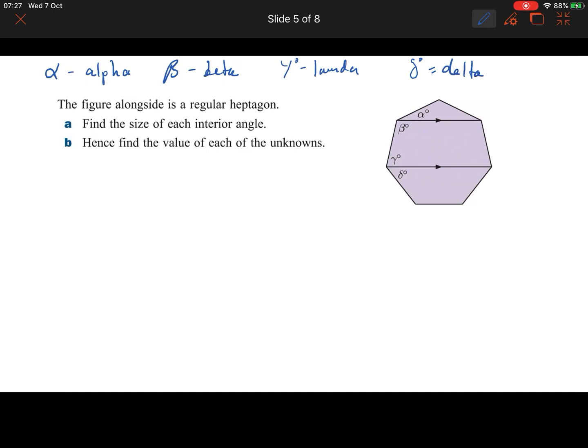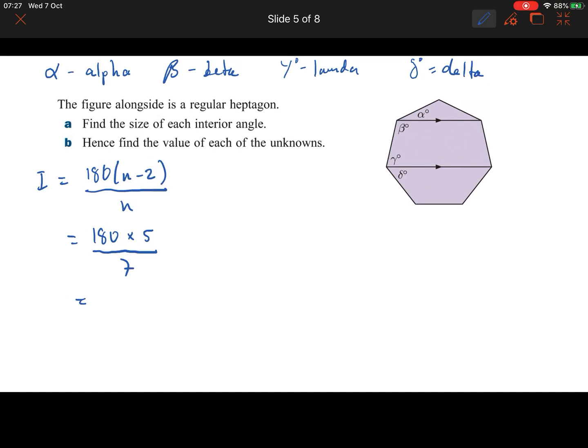So first things first, let's do A. A is a nice easy question. It's simply find the size of each interior angle. So the interior angle in a regular polygon, which this is, is 180 times n minus 2 over n. So that is equal to 180, it's a 7-sided shape, so times 5 divided by 7.